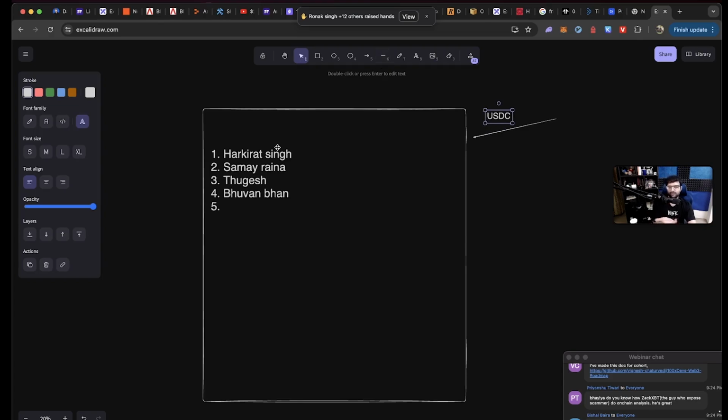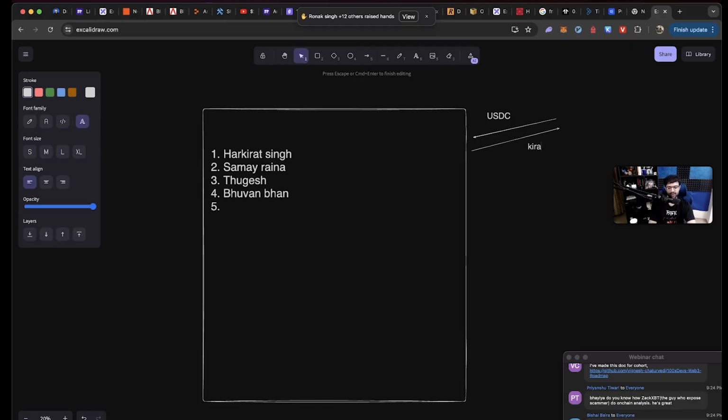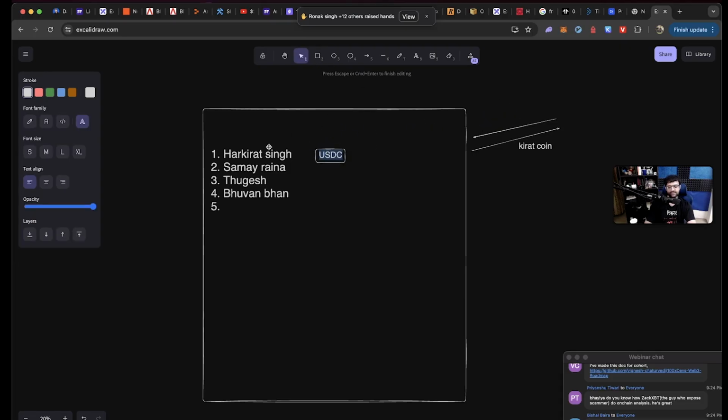It's basically a bunch of liquidity pools for all of these people, and in return you get a share of the Kirat coin. And whatever USDC is being stored in this pool, 5% Harkirat can come and claim. So the creator also has some incentive: you did nothing, we created free money for you by letting people trade on your brand.